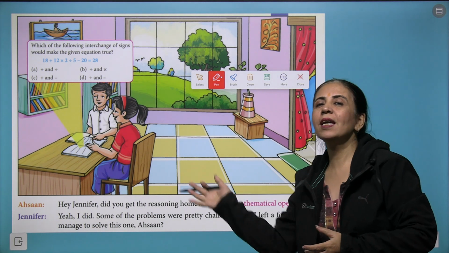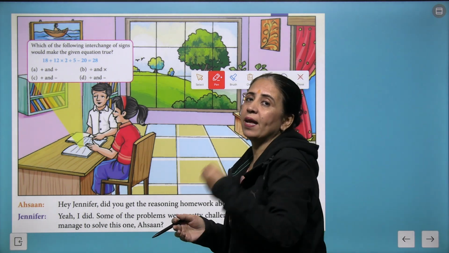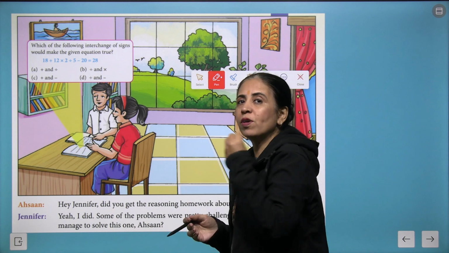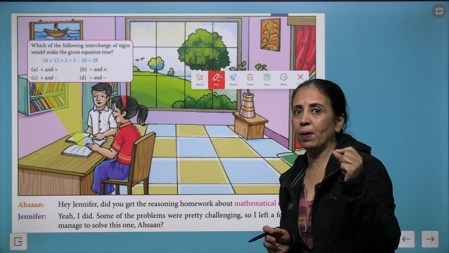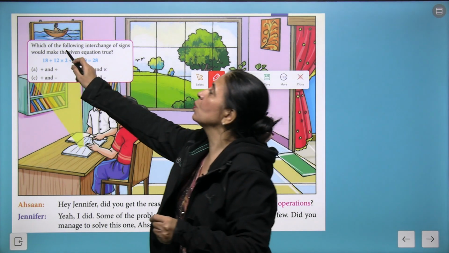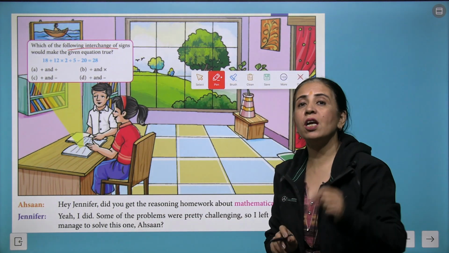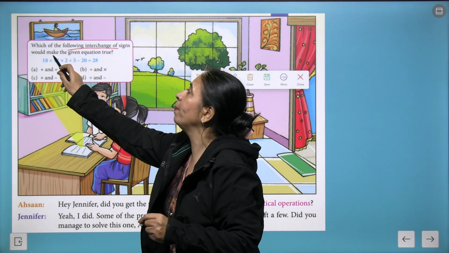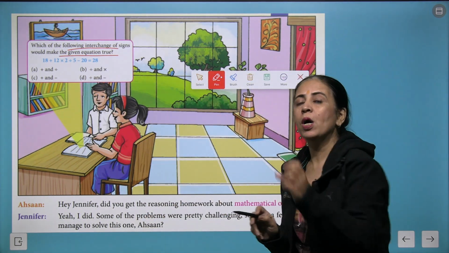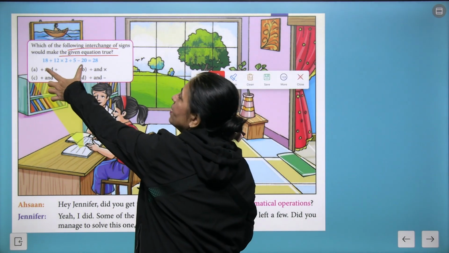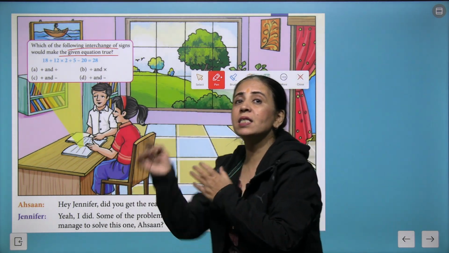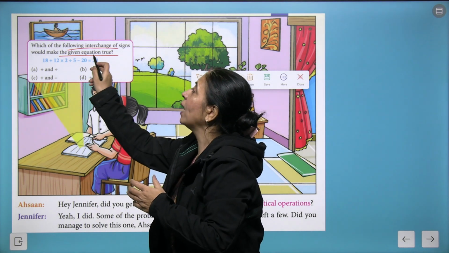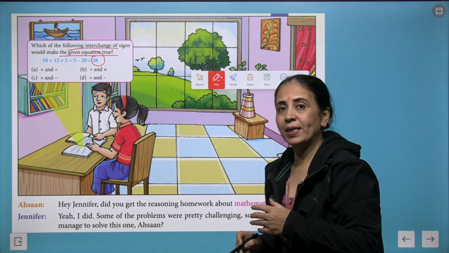So come, let's see here how Jennifer and Ehsan are talking about the homework which Jennifer got, and she's stuck at certain problems. So one of the problems is: which of the following interchange of signs would make the given equation true? Now here we have some expression on the left side and we need to change some of the operations so that the result comes as 28.